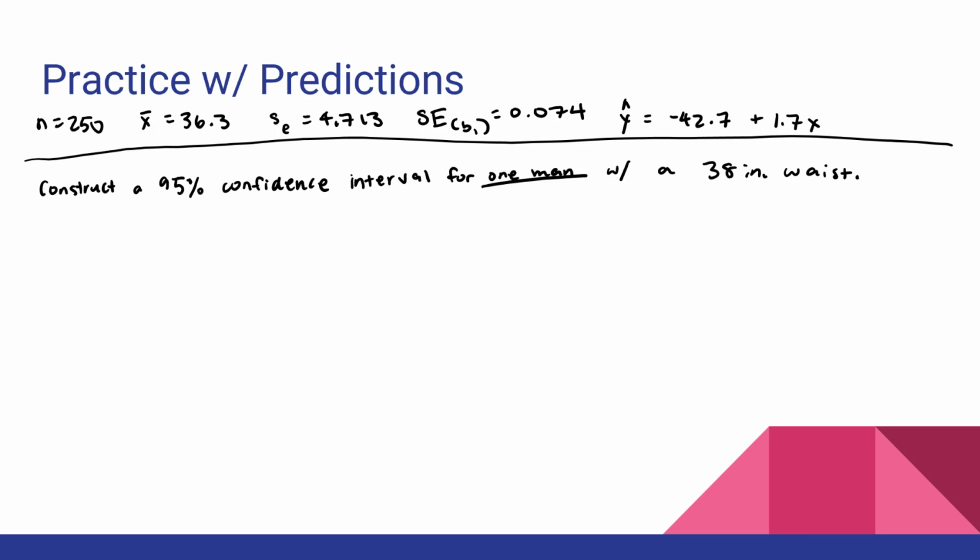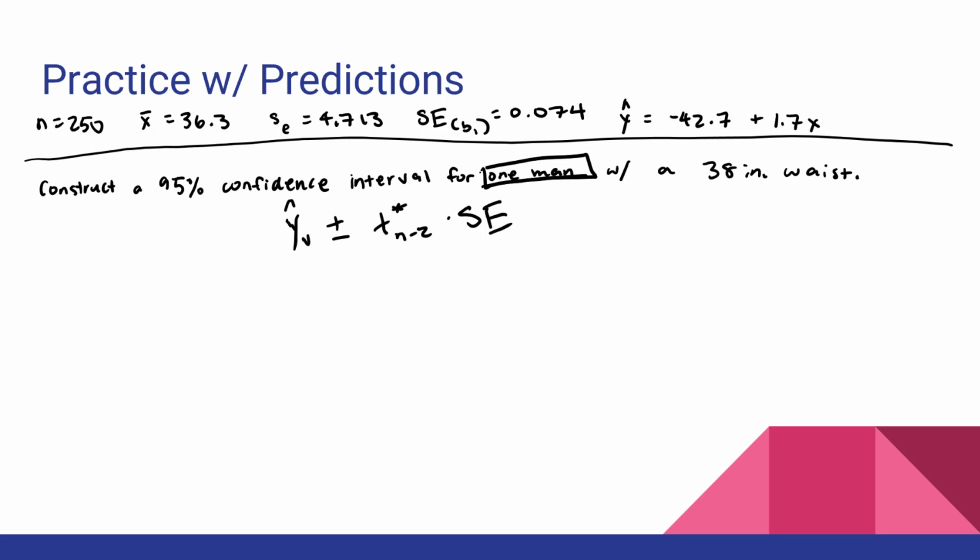So we talked about means. Let's finish off with a prediction about an individual person. So construct a 95% confidence interval for a singular man with a 38-inch waist. So again, our formula is up here. Our predicted y value plus or minus our t-critical value with n minus 2 degrees of freedom times our standard error.